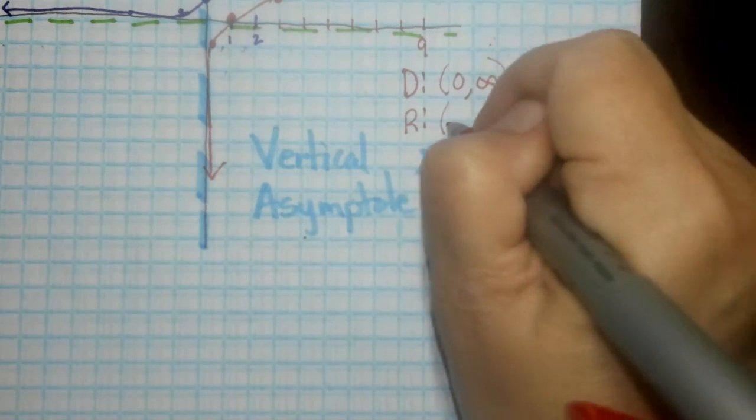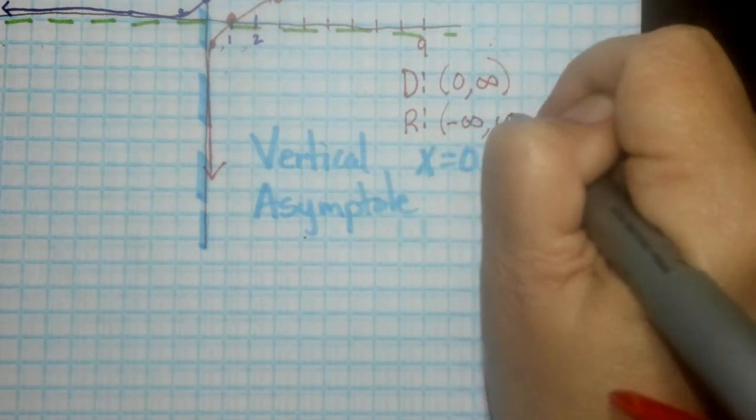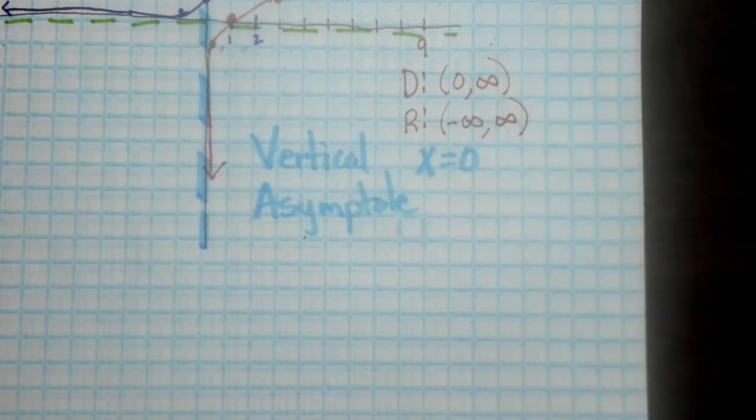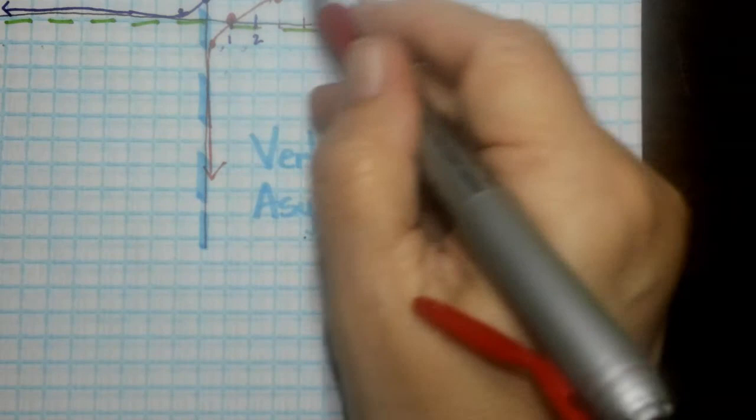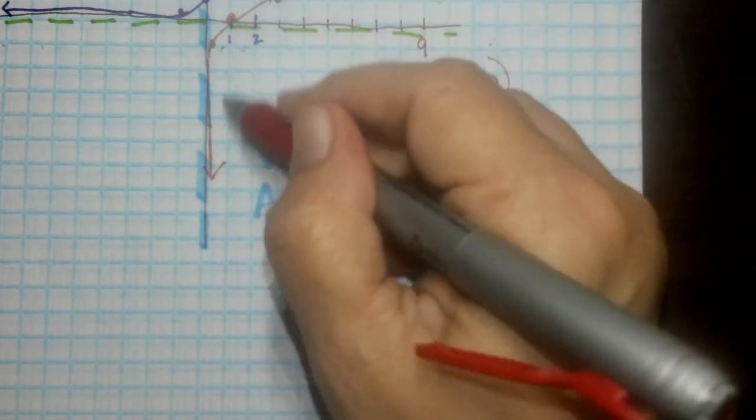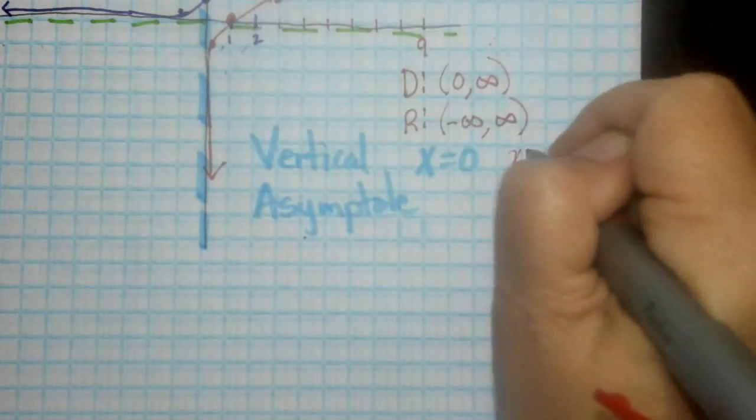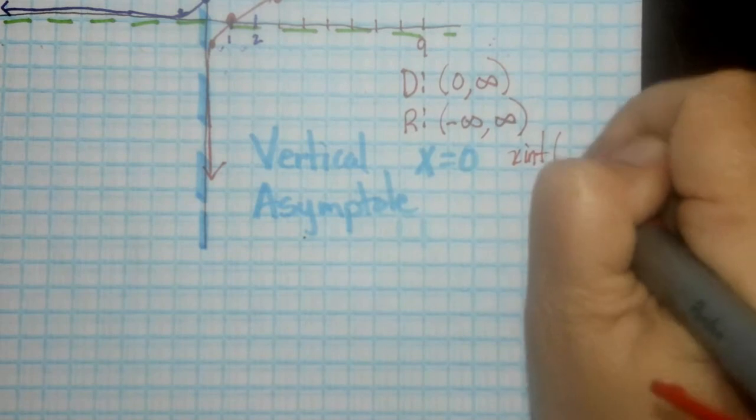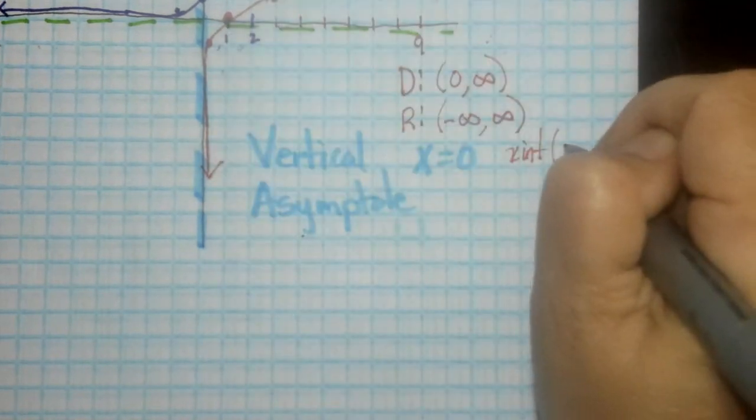So negative infinity to positive infinity. And then notice that this graph does not have a y-intercept because there's an asymptote, but this graph does have an x-intercept, and my x-intercept is at 1, 0.